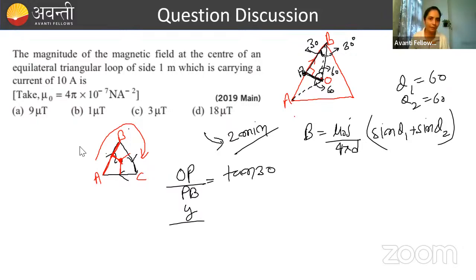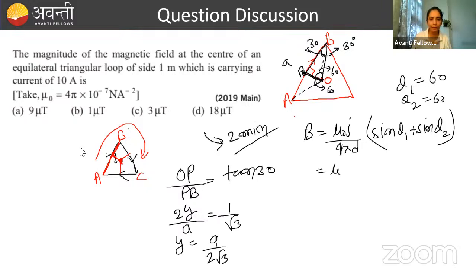This is the perpendicular line drawn from the center of the circle, so this is basically bisecting the side AB. Suppose the AB length is A. So the length of PB will be A by 2, and this is equal to 1 by root 3. So Y is equal to how much? A by 2 root 3. Put the value and get the answer.